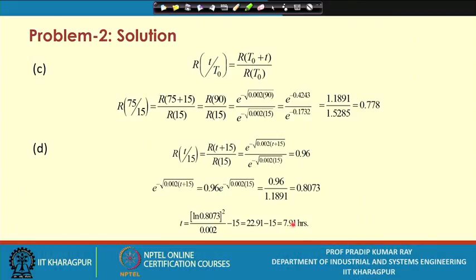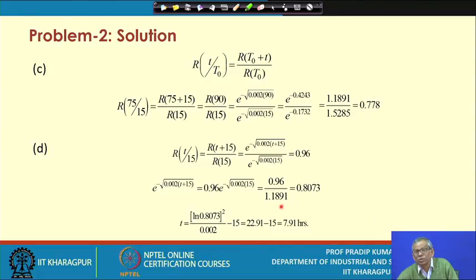That's why when you run the system or component for just 7.9 hours, up to that time period the reliability is 0.96, and as you start using this component continuously during the useful life phase, you will find that there will be a sharp decrease in the reliability value.